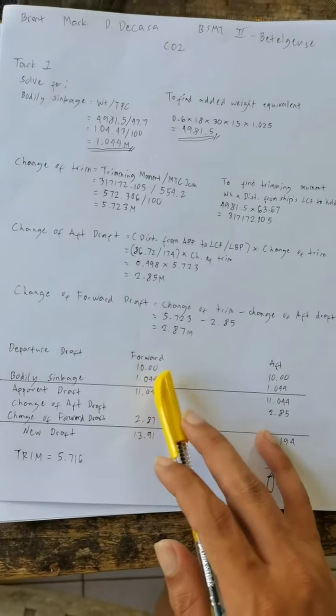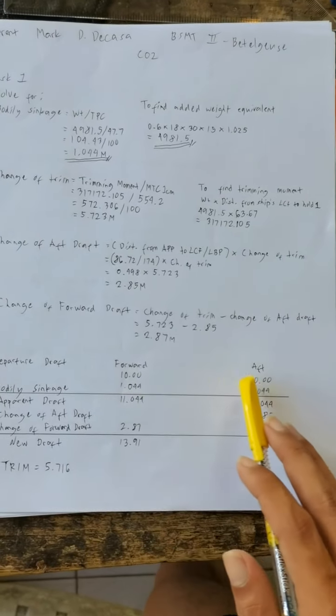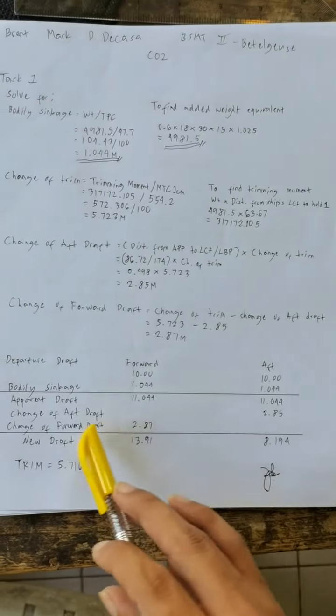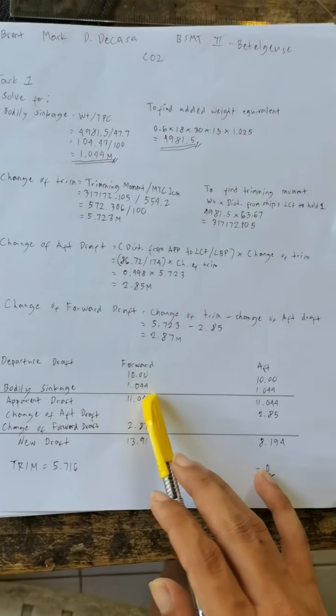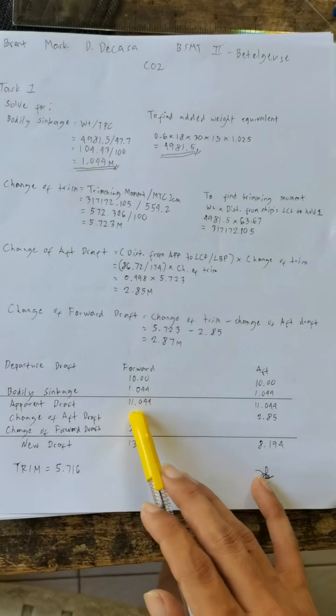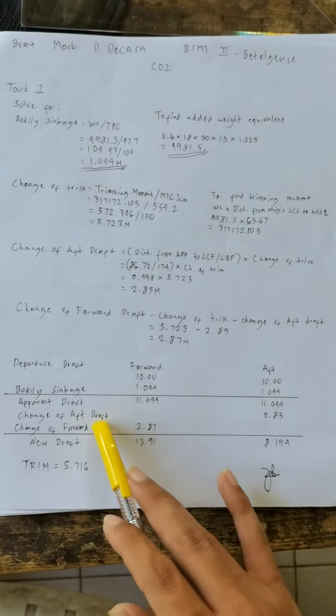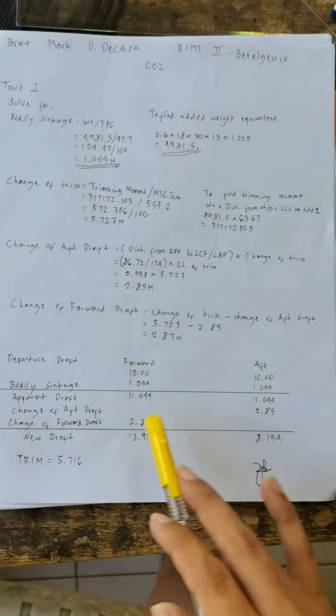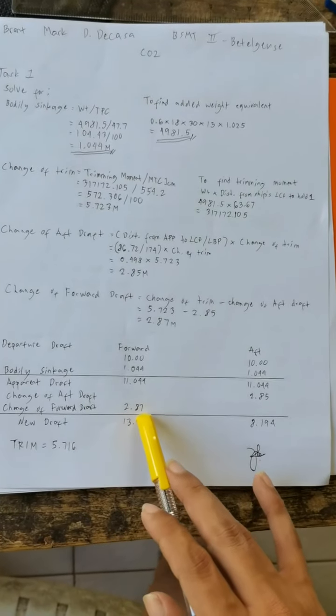So departure draft, the forward draft is 10 and the aft draft is 10, even keel, plus bodily linkage 1.044, the apparent draft is 11.044. The change of aft draft is 2.85. The change of forward draft is 2.81.